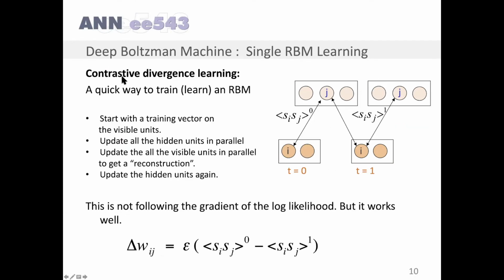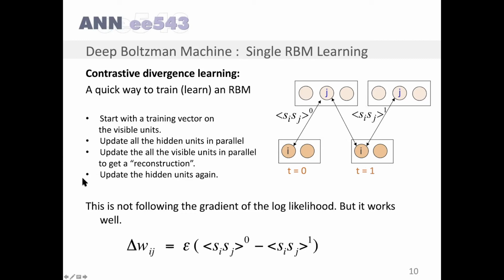To speed up the process of training a restricted Boltzmann machine, contrastive divergence learning was proposed. It's a quick way to train a restricted Boltzmann machine. Start with a training vector on the visible units. Update all the hidden units in parallel. Update all the visible units in parallel to get a reconstruction. So from the outputs of the neurons in the hidden layer, we calculate the outputs of the neurons in the visible layer again, probabilistically, and this is called a reconstruction.